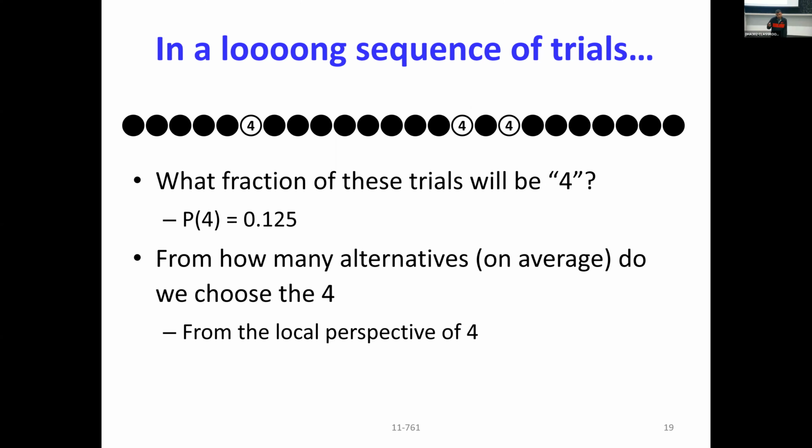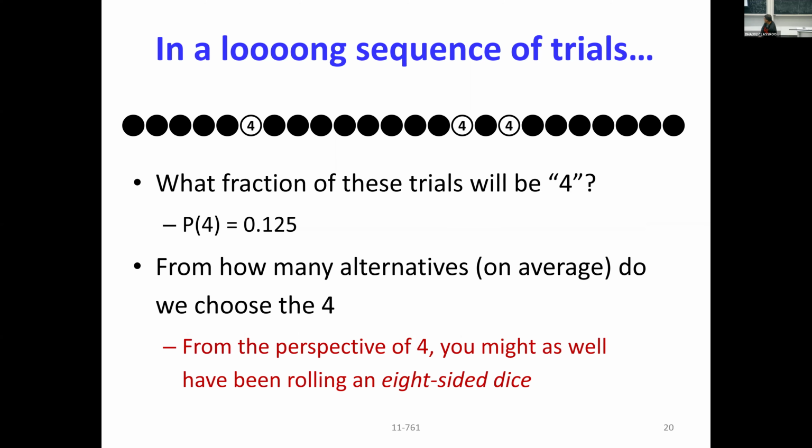Each individual occurrence of 4 thinks it's one of 4 equally likely outcomes. From the perspective of 4, how many alternatives do you choose 4 from? 8, right? You might as well have been rolling an 8-sided die from the perspective of 4, because the probability of 4 was that it's occurring 1/8 of the time, correct?